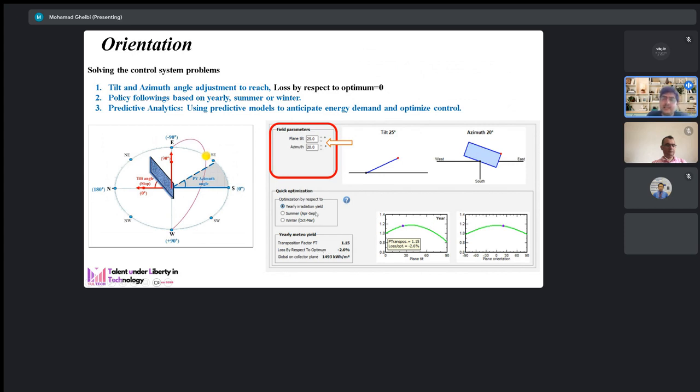Here you will have three different features, and you can see the loss changing in these two figures. One is yearly, another is summer, because to compute the global energy on the collector plane, or the loss with respect to optimum, you should know the intensity of solar radiation, and the conditions of summer, winter, or the yearly average are completely different.